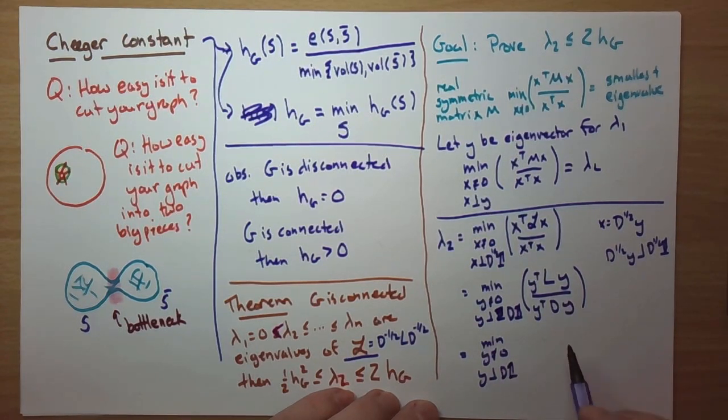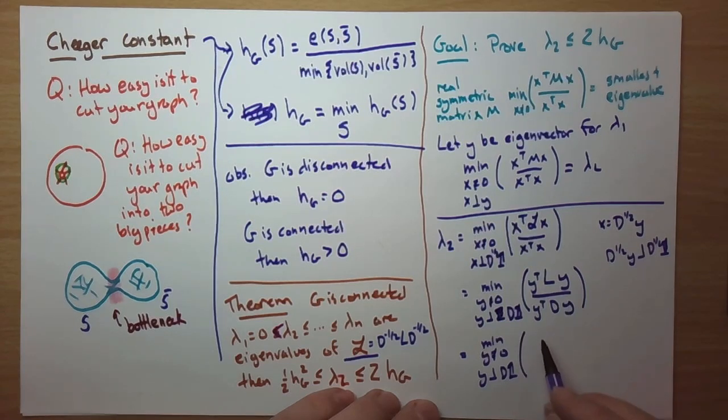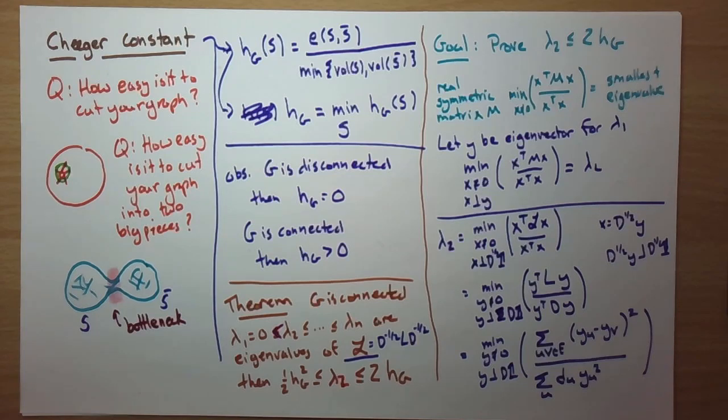So now, flashback: y transposed Ly is the sum over all edges of y sub u minus y sub v, squared. And downstairs we have the sum over all vertices of the degree of u, which I'll denote d sub u, times y sub u squared. Okay, how's that?